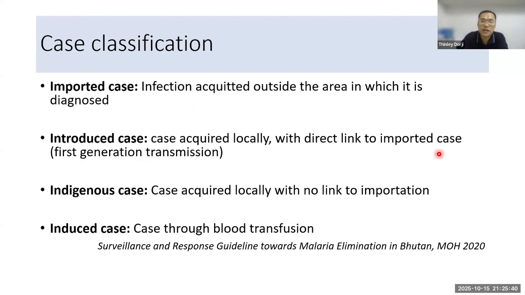This means that person A has imported it into Bhutan, and person B gets it from person A. Now, if the case goes on to a third person, person C, from person B, who was an introduced case, then this will be classified as an indigenous case, a second generation transmission, and this will be a local case.